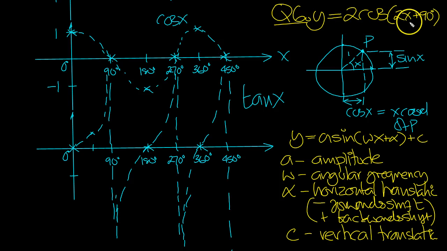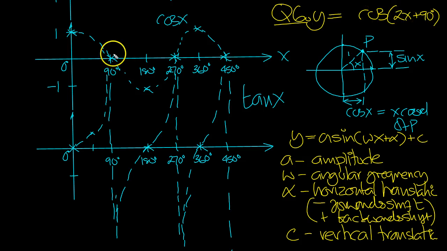So here then, if we put 0 in, 2 cos 2x. What I'm going to draw first is the cos, and I'm not going to worry about the 2 cos. Then 2 cos 2x plus 90.